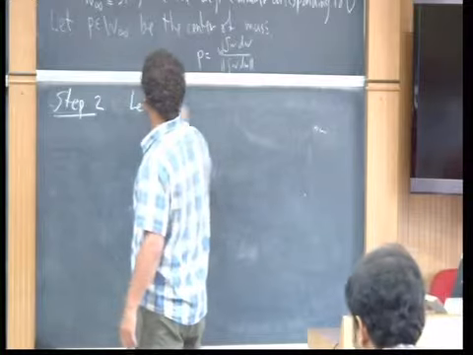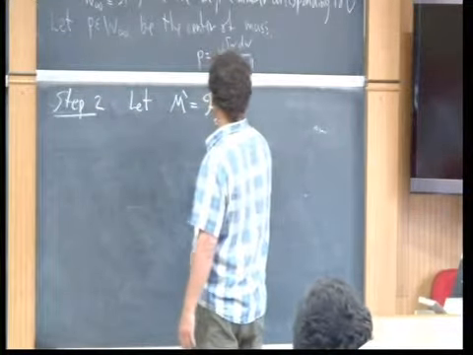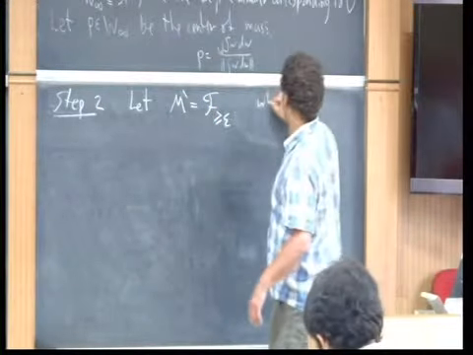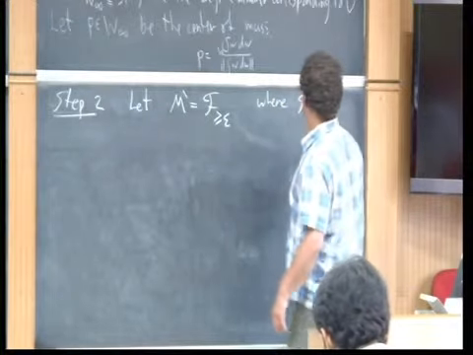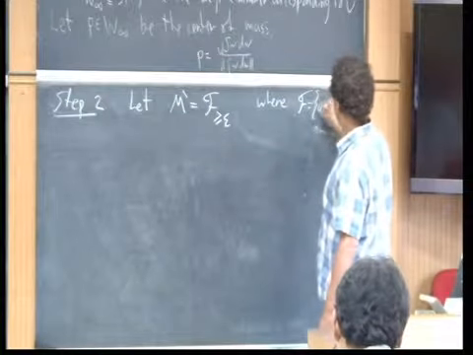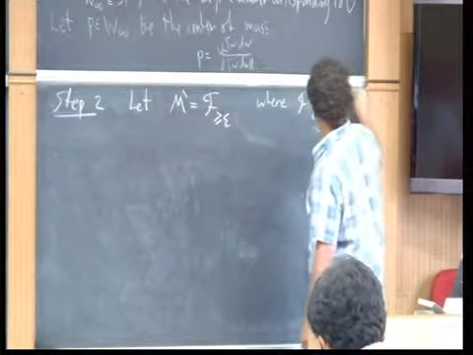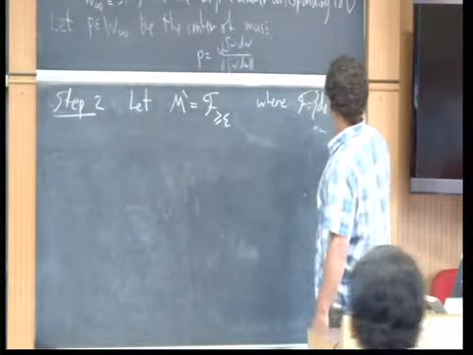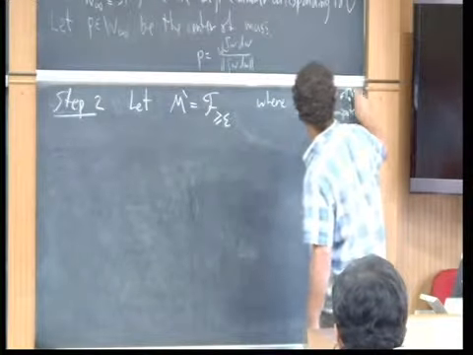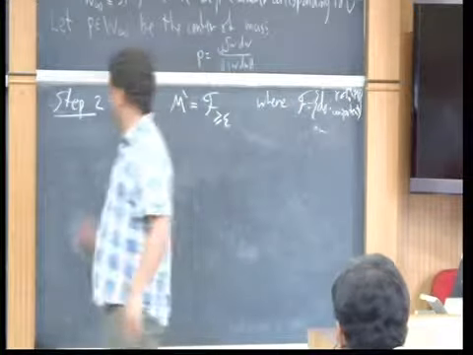Let m prime be f greater or equal than epsilon, where f is given in step 1, is all this d gamma such that gamma is in gamma minus identity uniform, and gamma not minus identity.